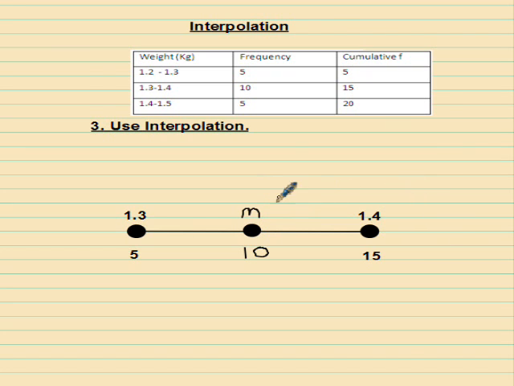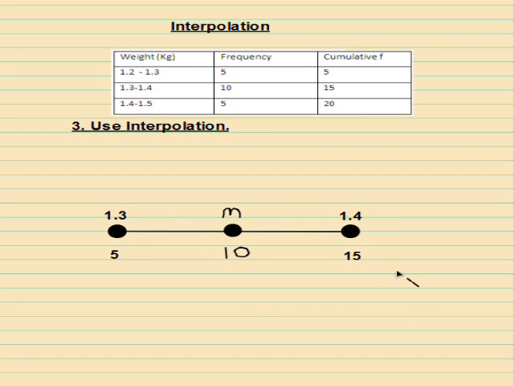Now we're going to use interpolation to find exactly what the value of M is, and I'm just going to show you what we're exploiting here when we use interpolation. It relies on the fact that we know the 10th value is this interval compared to this interval.